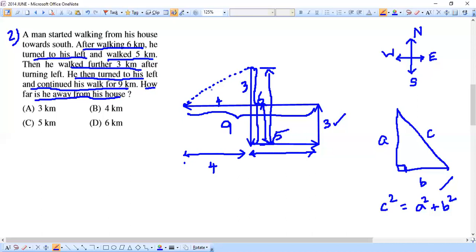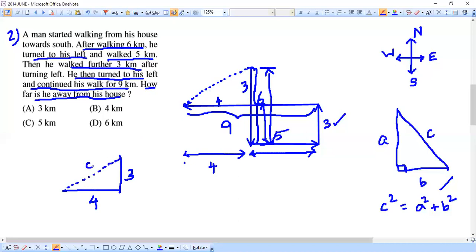Now we need to find this shortest distance, this path, the straight line point to point distance. So now we can clearly see a right angle triangle with sides 3, 4, and this dotted line. Very simple.